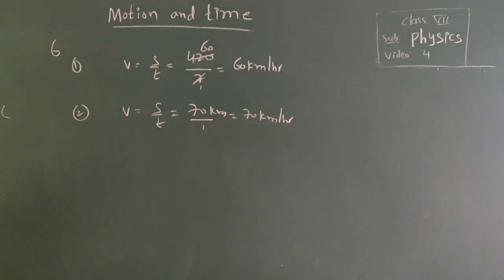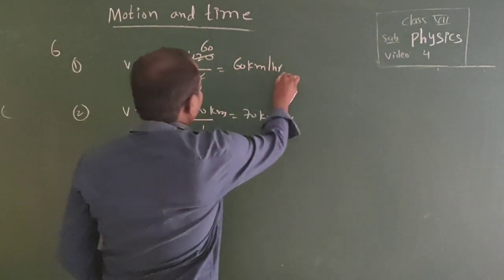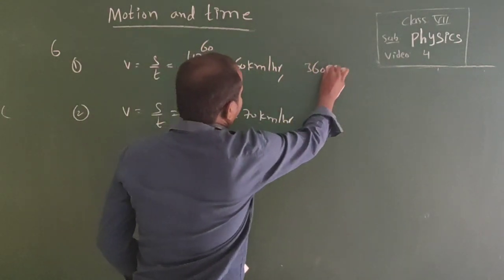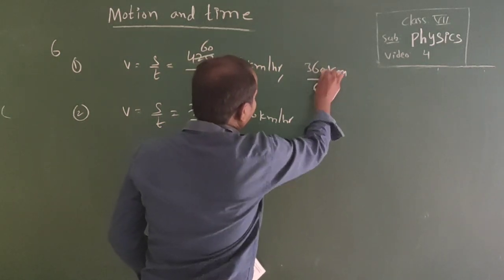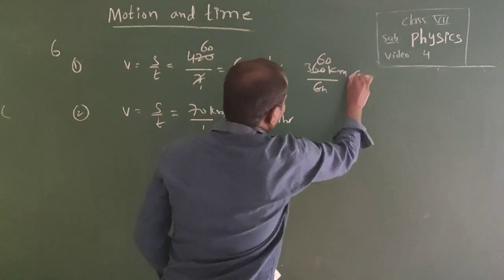Next distance 360 kilometers in 6 hours, so 60 kilometer per hour.